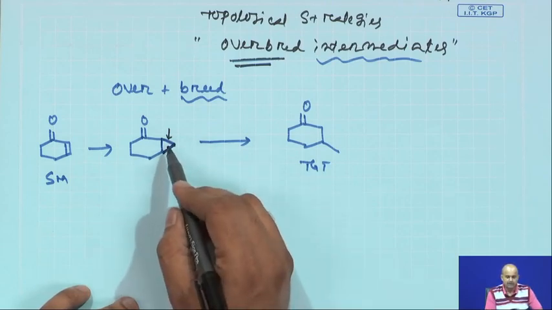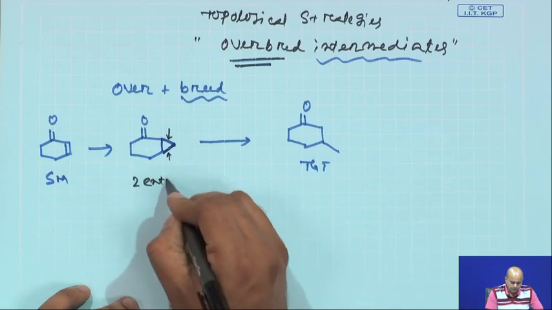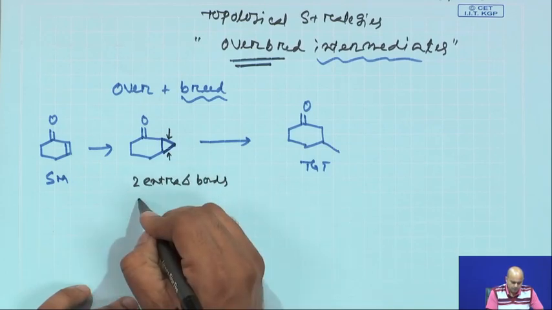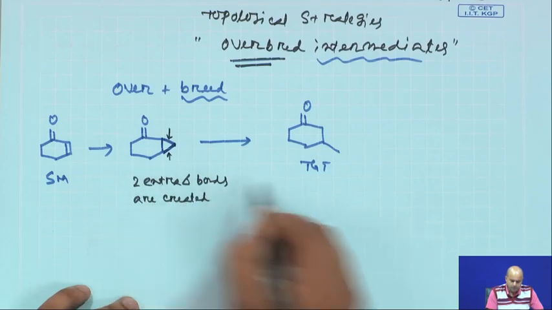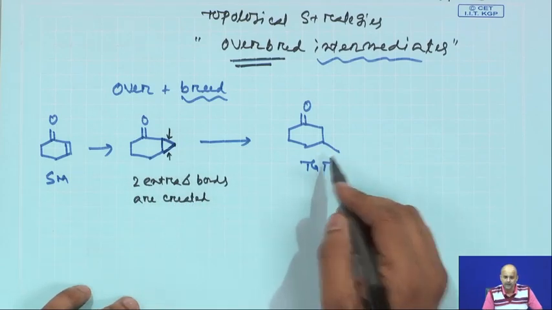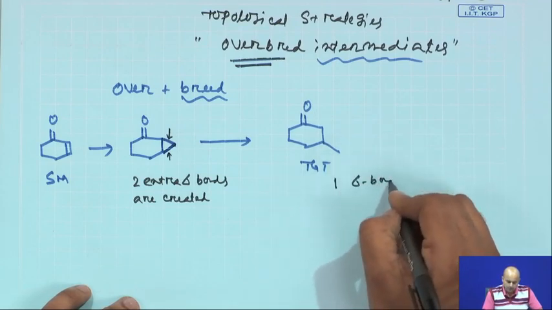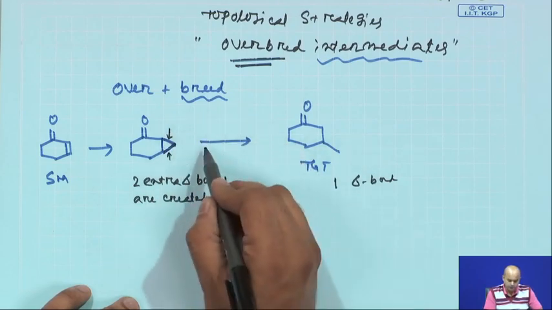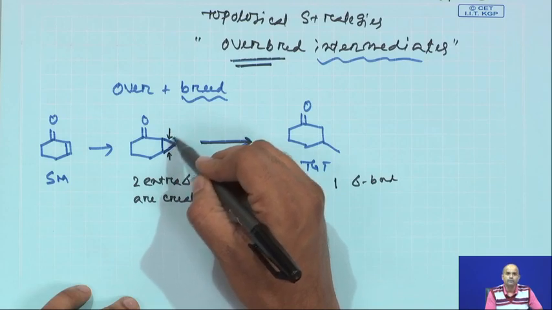So, two extra sigma bonds are created. If it is in the target molecule, you do not need that; you basically need one sigma bond. So, throughout this synthetic pathway, until the final step, you need to keep one extra bond.